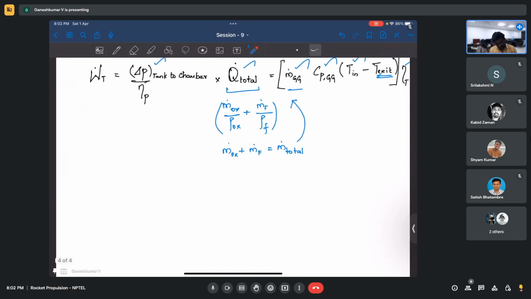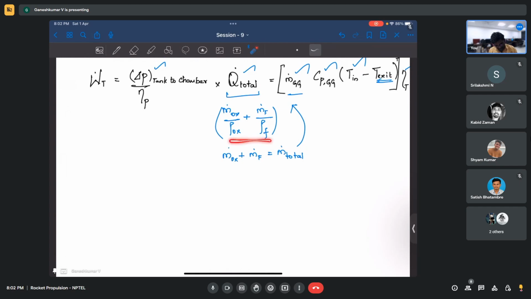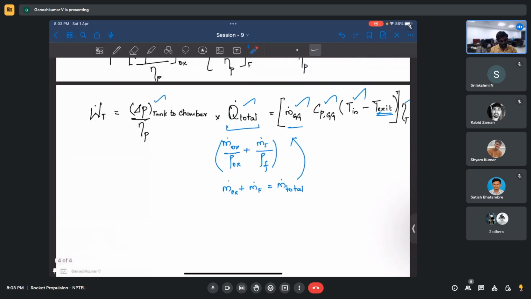So what you have to do is you need to do these operations. You need to rearrange things. Since you want the pressure ratio, you can take t in outside. Since t in we already know, we can take t in outside, then you have 1 minus t exit by t in. And from the adiabatic relation you can replace it by p exit by p in, or p in by p exit. So there will be that gamma minus 1, all those relations you will need to incorporate.